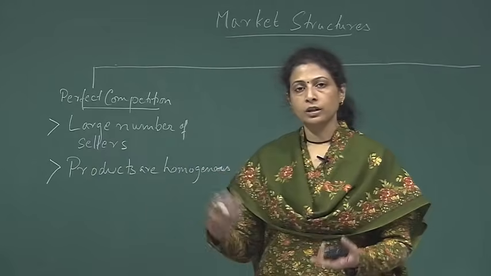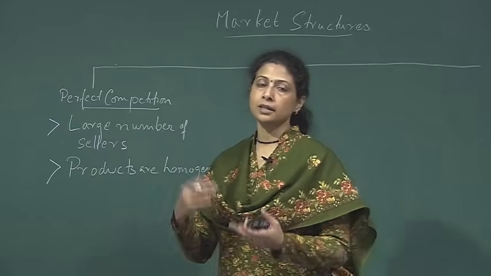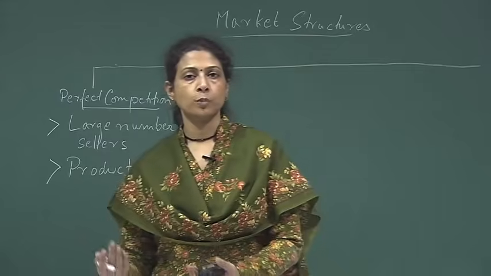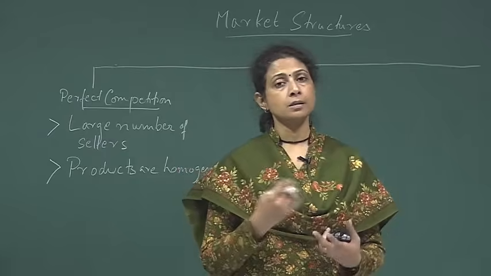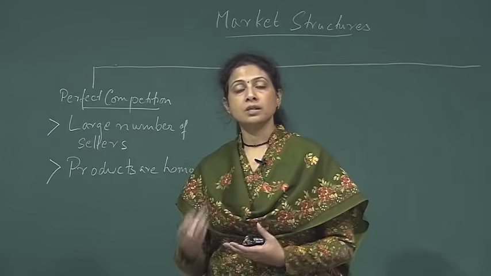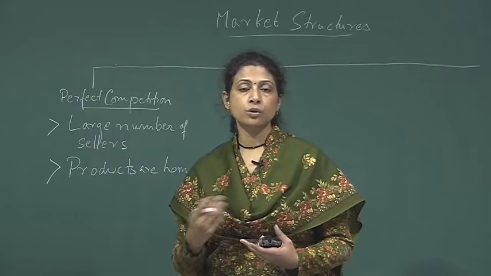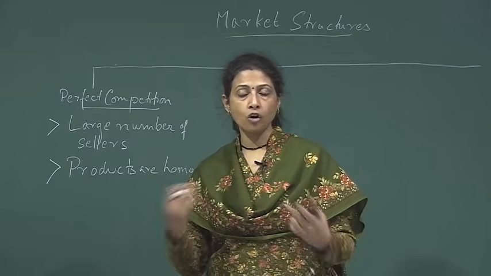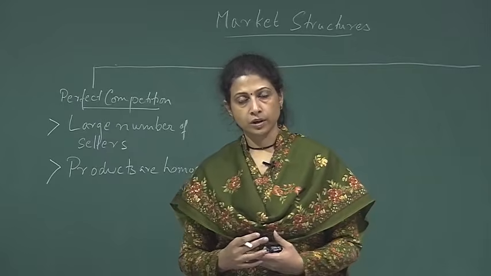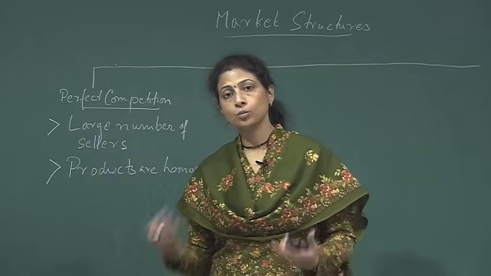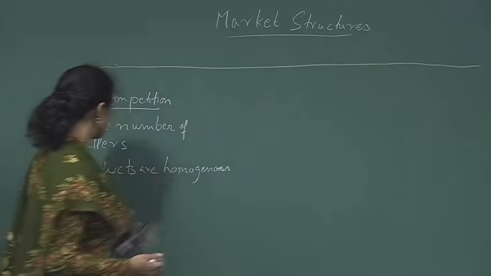There all the products are very similar to each other, and the price is determined in the market depending on the amount that the sellers have brought and the amount that the buyers are willing to purchase. So the demand and supply framework that we discussed in the earlier weeks determines what price is going to be charged in the market, and all the sellers accept that price and sell their products at that price. So the example is agricultural products, and products are homogeneous to each other.